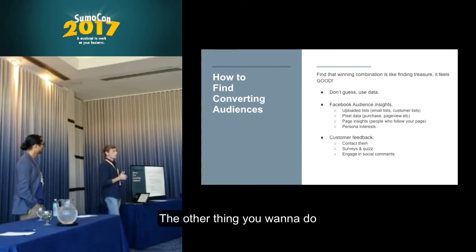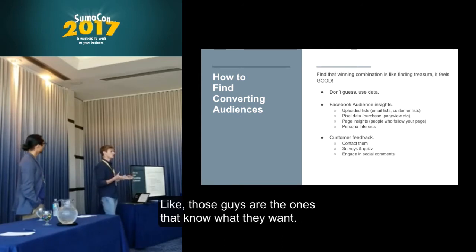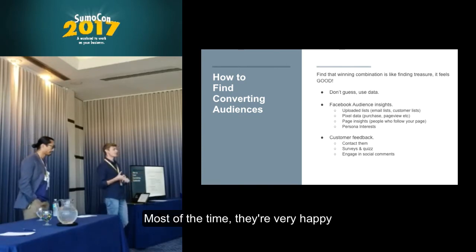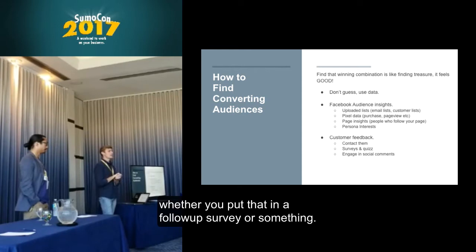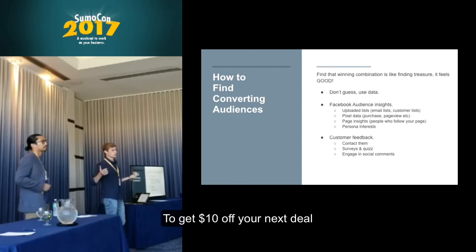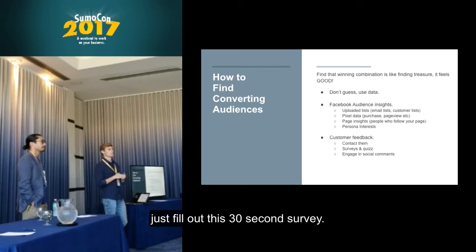The other thing you want to do when trying to find really good audiences is talk to your customers. Those guys are the ones that know what they want, all you have to do is ask them. Most of the time they're very happy to give you that information. You could put that in a follow-up survey: after they purchase, you say, "Thank you so much for purchasing, to get $10 off your next purchase, just fill out this 30-second survey."